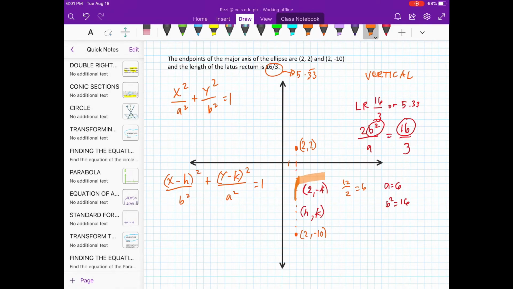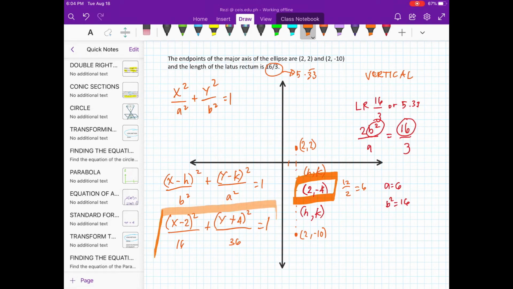From the midpoint (2, -4), we now have the values of h, comma, k. Therefore, the equation for this condition is this.